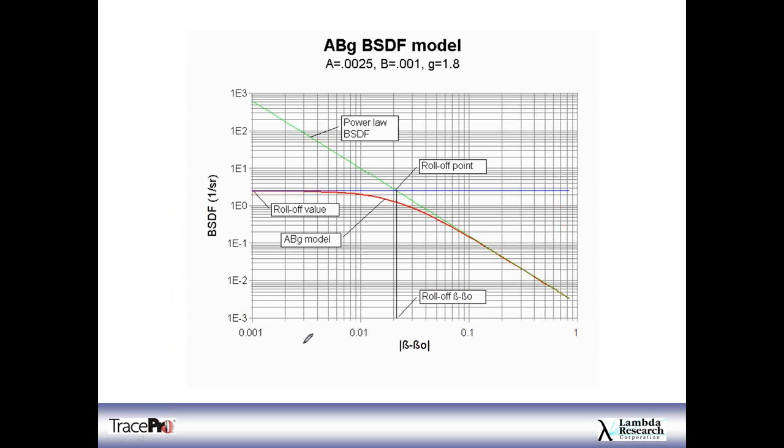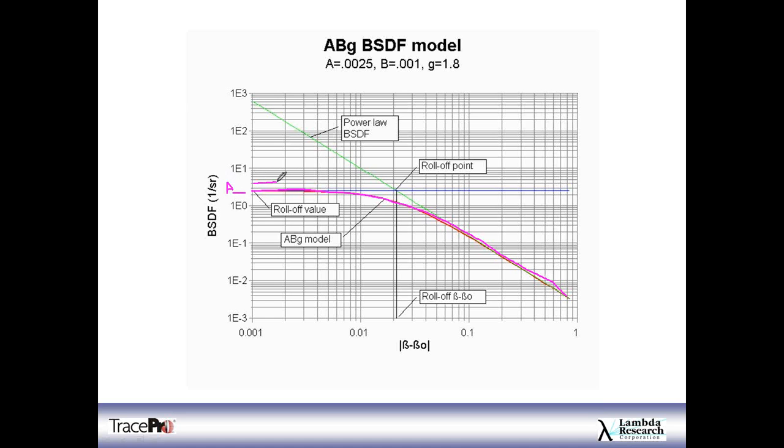Here's actually a plot of scatter data as a function of beta minus beta naught. We can see the curve here, and it comes down and then it rolls off as you get further off axis from the specular beam. Remember, these are all referenced to the specular beam. The A would be here, the height of the curve.